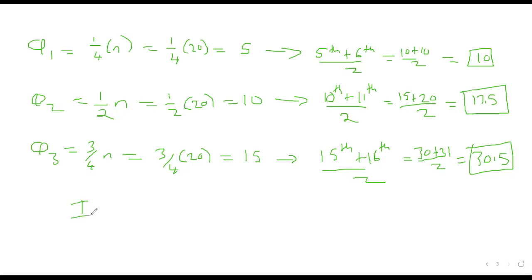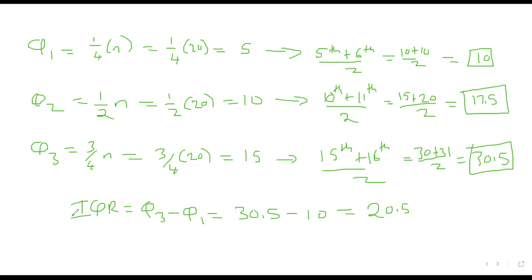So this will take us to calculating what we call the interquartile range, which is simply the difference between quartile 3 and quartile 1. So the third quartile is 30.5 and the first quartile was 10. So the difference here is 20.5. So this is called the interquartile range.